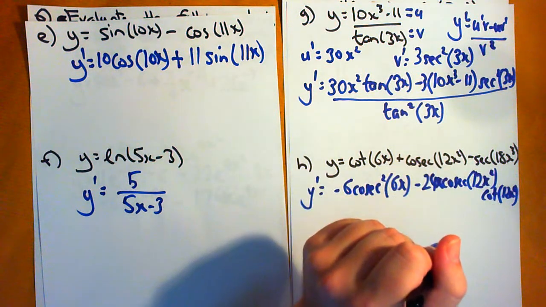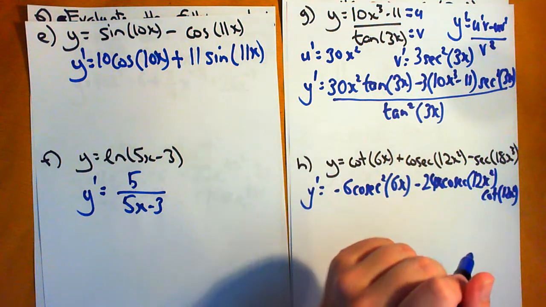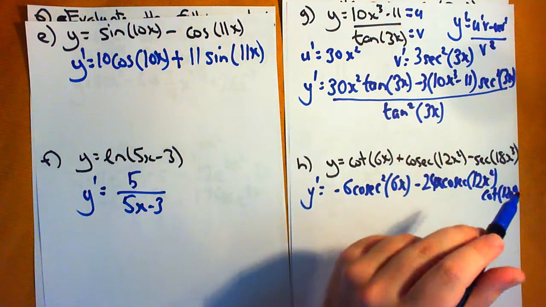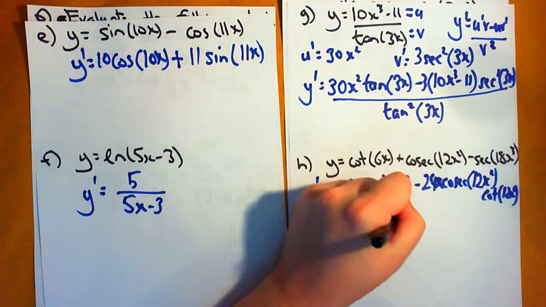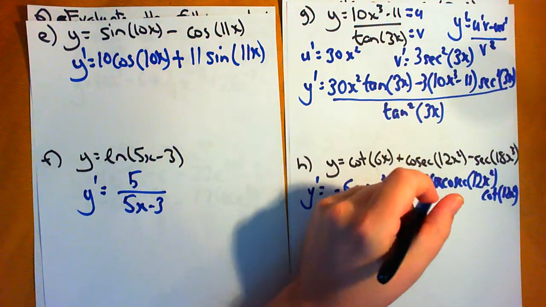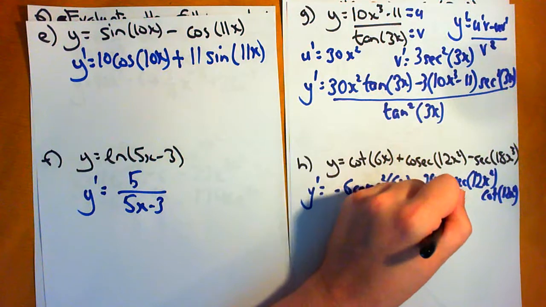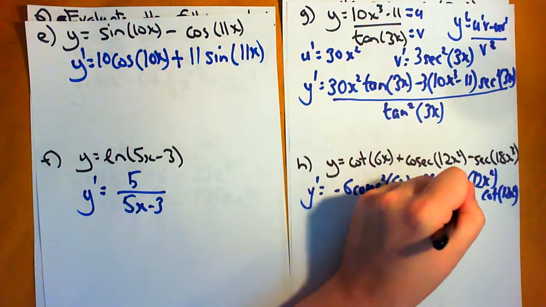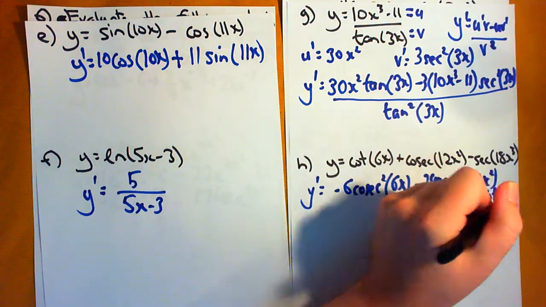Now we need to differentiate the third term, which is going to be secant of 18x cubed. If we differentiate that, secant differentiates to secant times tan. So this is going to be secant of that same bracket, 18x cubed, times tan of the same bracket, 18x cubed.